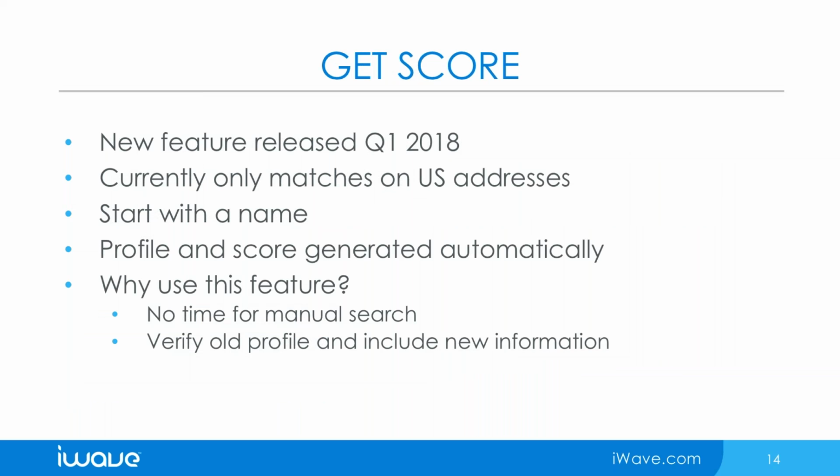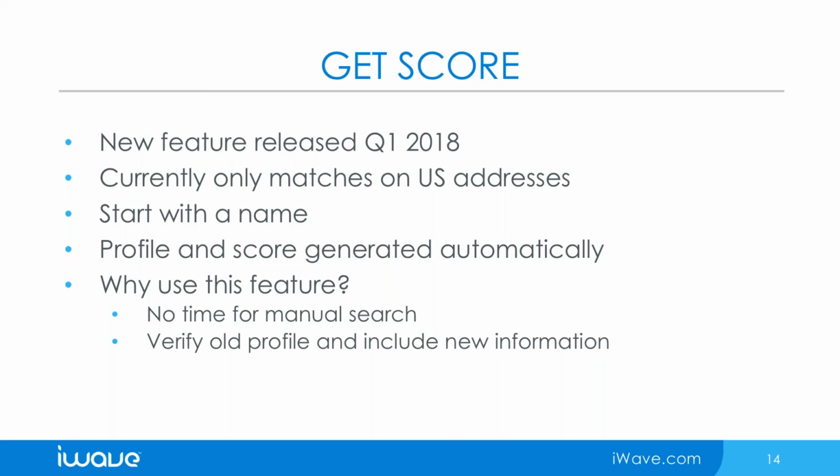So let's return to that business card example. When we were using the 360 search, we had lots of time to dig for wealth and philanthropic information. You see that Alex went through that fairly quickly and easily, but it does take some time to verify the records depending on the prospect. But what if the fundraiser needs some high-level insight within the hour, needs it very quickly? That's where you can use iWave's new Get Score feature.